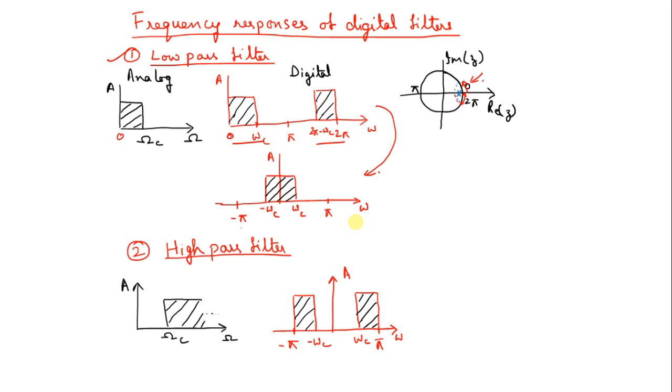Then in the case of high pass filter, we have something like this: omega c to infinity, you will be having a pass band, and lower than that you will have the stop band. And if you look into the digital domain frequency response, it should be something like this: minus pi to minus omega c, and then omega c to pi. Okay.